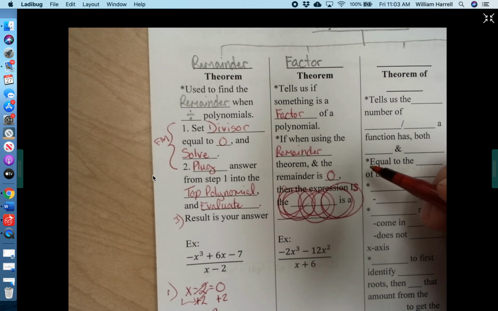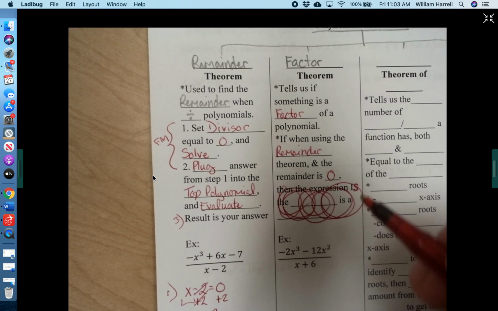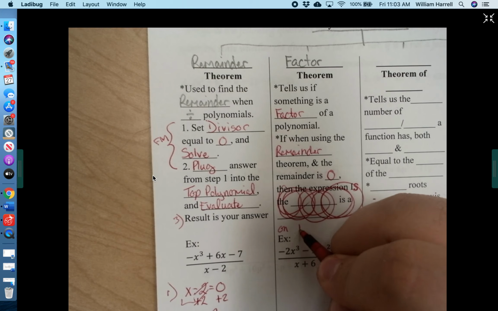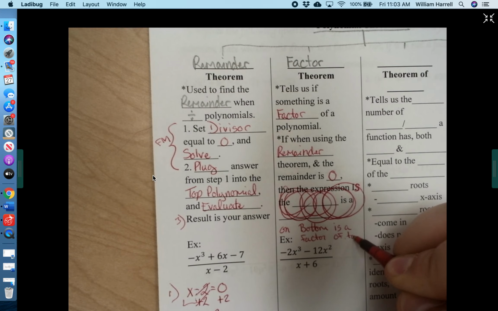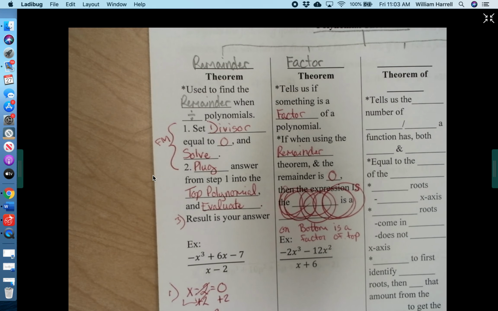If when using the remainder theorem the remainder is 0, then the expression on the bottom is a factor of your top. Okay, so this is essentially yes, no.